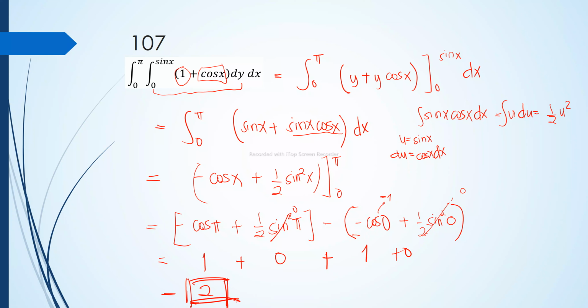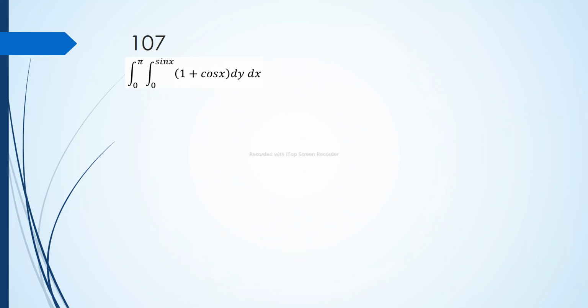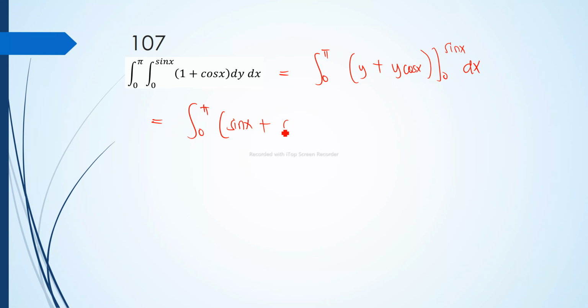That's it, so simple. Okay, how about the other case? This is just the same problem as before. We have y plus y cosine x evaluated from 0 to sine x dx, and then we have the integral from 0 to pi of sine x plus sine x cosine x dx.